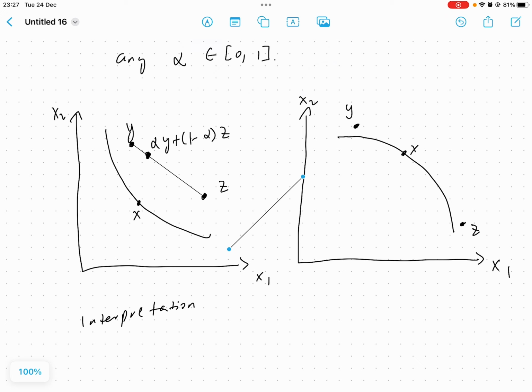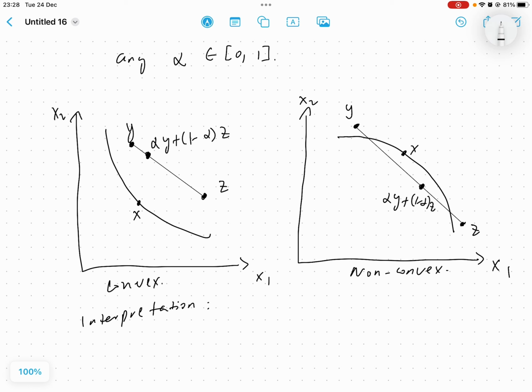We still have a straight line, and let's suppose the point is here. We can see that this point is below and to the left of this indifference curve, and obviously this is not in the upper contour set. So this is convex, this is non-convex.